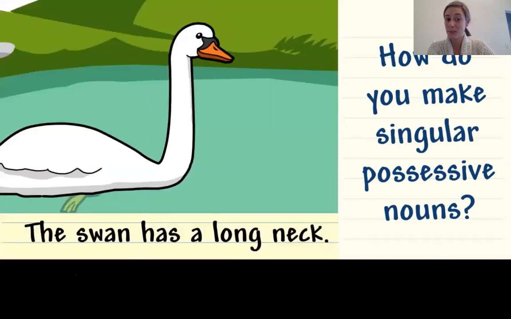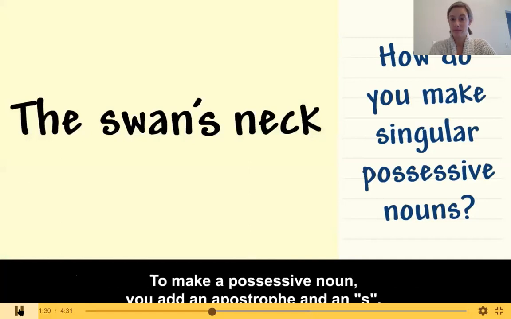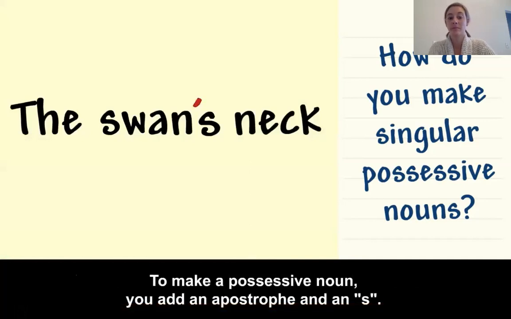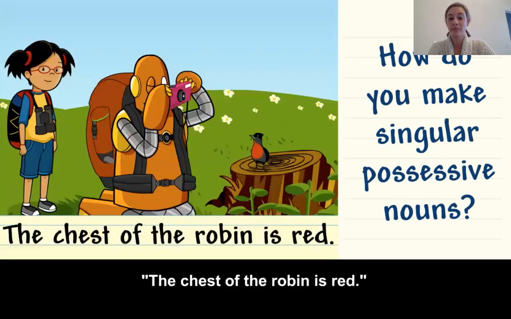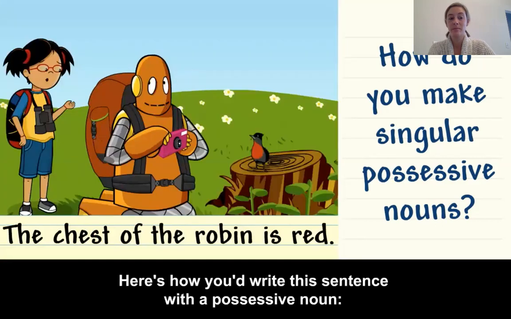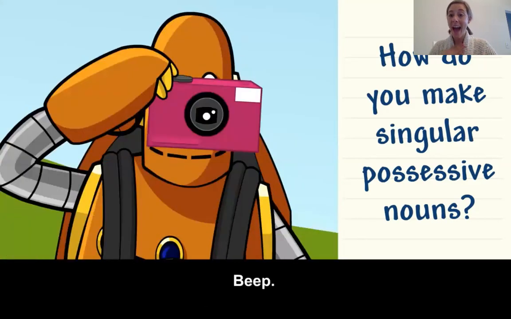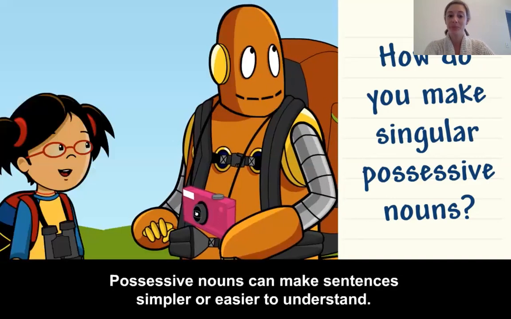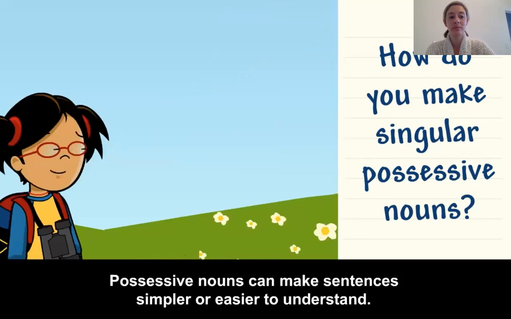So watch what they do. The swan's neck is long. To make a possessive noun, you add an apostrophe and an S. The chest of the robin is red. Here's how you'd write this sentence with a possessive noun. The robin's chest is red. See, the robin owns or has that red chest. Possessive nouns can make sentences simpler or easier to understand.